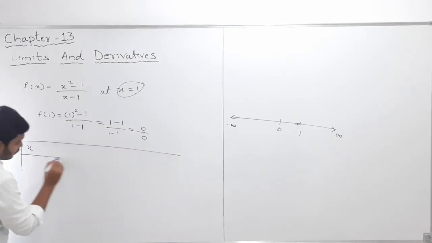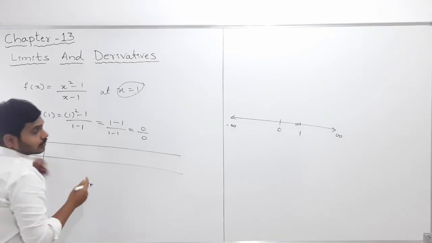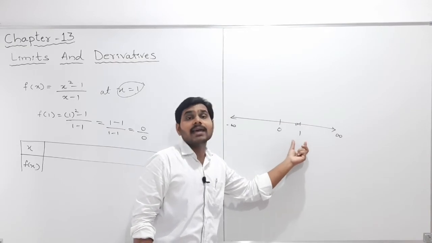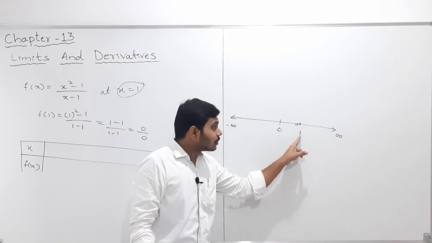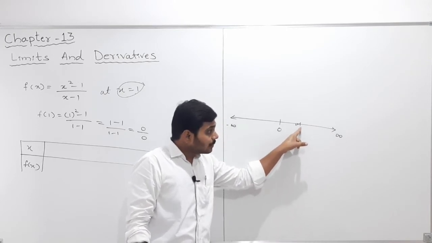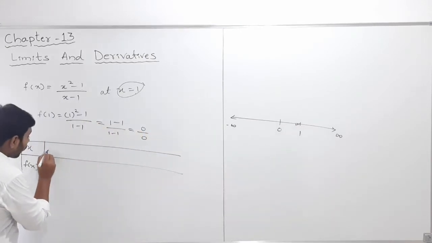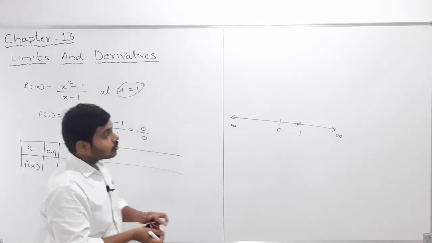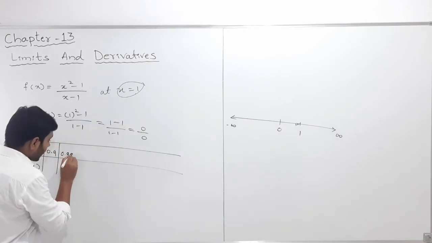This is your x value and this is your f of x value. I take the neighborhood very close to 1 and check the behavior of the function. So very close to 1, I'll take 0.9, and after this another one very close to 1, I can take 0.99.